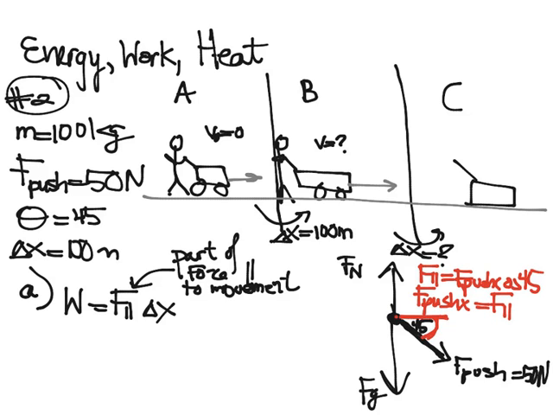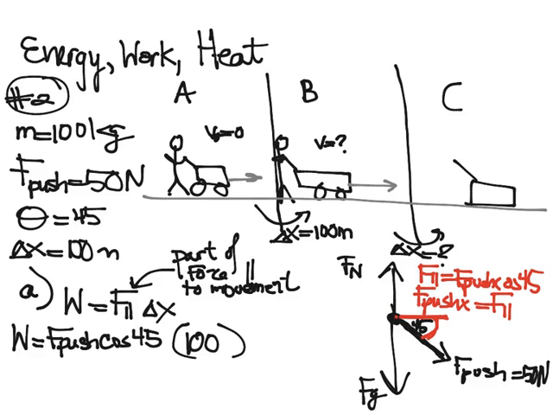Okay, so we're going to go ahead and put that into our work. We have work equals F push times cosine 45, and then our delta x, the distance it has been pushed, is 100 meters.